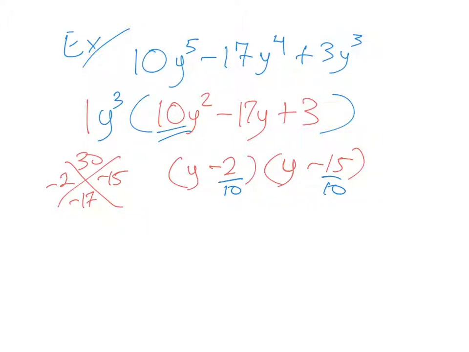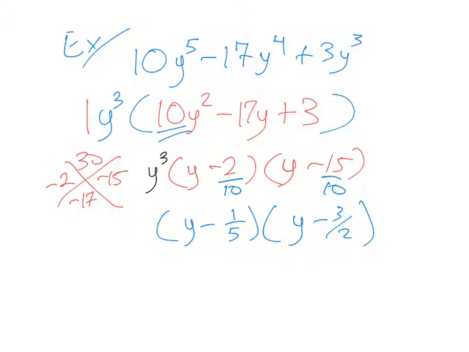All right. So can you simplify these? Yes. So we get y minus, what does the first one become? 1 over 5. What's the second one become? 3 over 2. All right. Notice, I'm forgetting to bring what along for the ride? Y cubed.